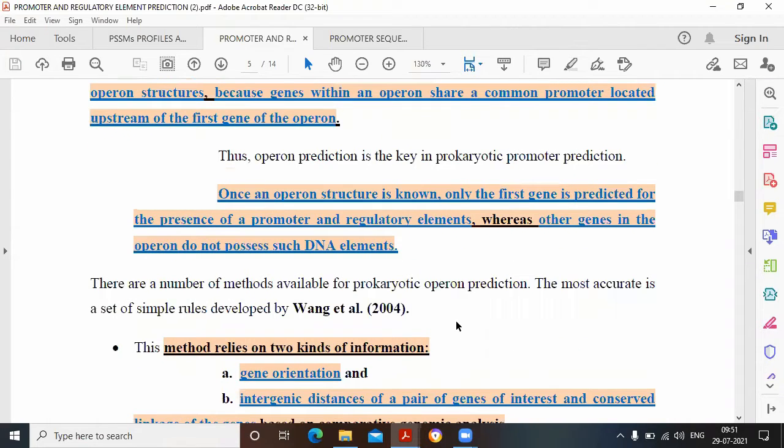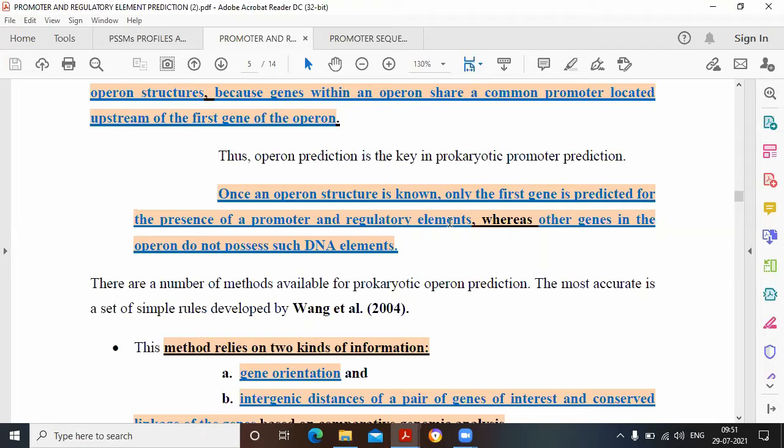Once an operon structure is known, only the first gene is predicted for the presence of the promoter and the regulatory element, because once the process starts, until the entire part is transcribed, it is not going to stop. That's what we have seen in most cases for the prokaryotic system.